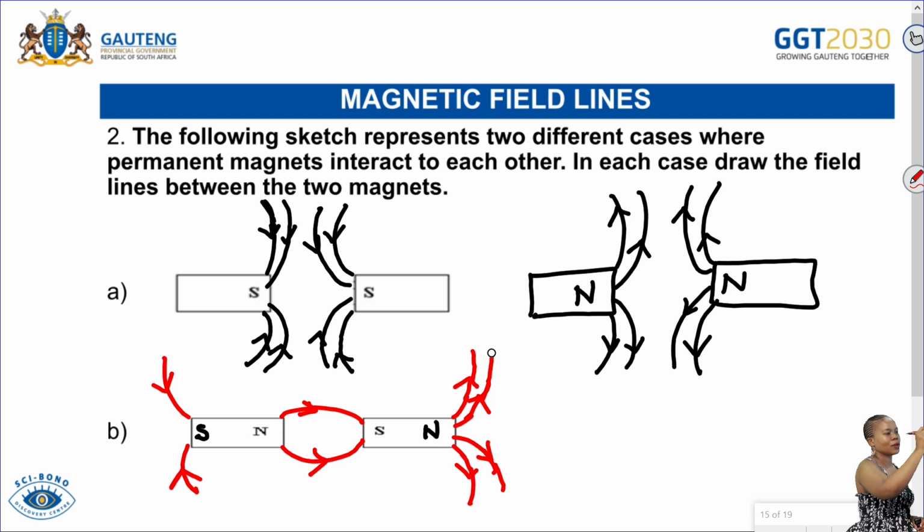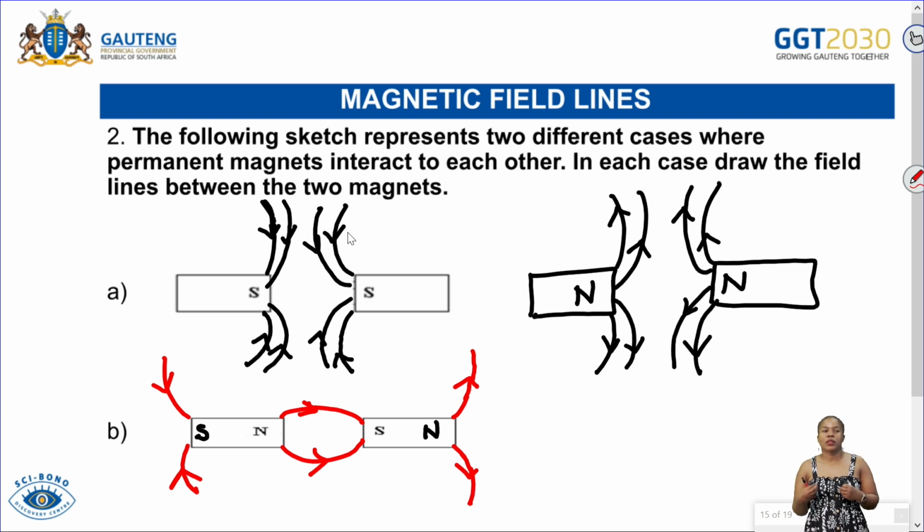There you go. Even on this side, so that it's easier for you to see, let's just make it 1 1. Okay, so it's from the north to the south, and the ones that are interacting with each other from the north as well to the south.